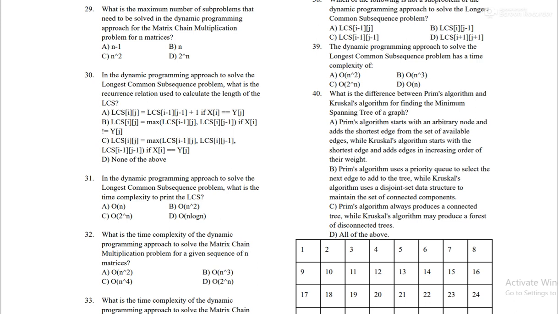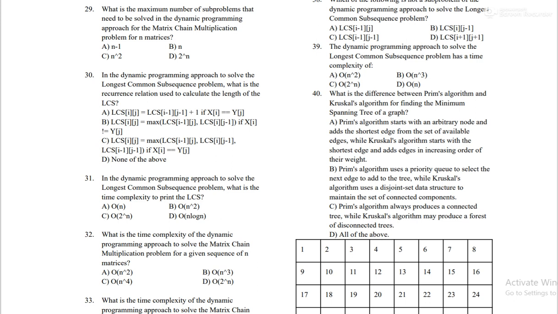Let me specify clearly that here x and y are the two sequences which have been given to us as input, and we have to find the longest common subsequence present in x as well as in y.